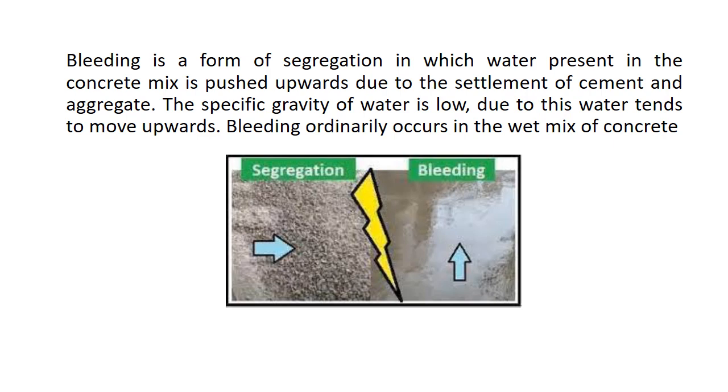It has a high tendency to crack. If laitance is formed on a particular lift, a plane of weakness would form and the bond with the next lift would be poor. This could be avoided by removing the laitance fully before the next lift is poured.